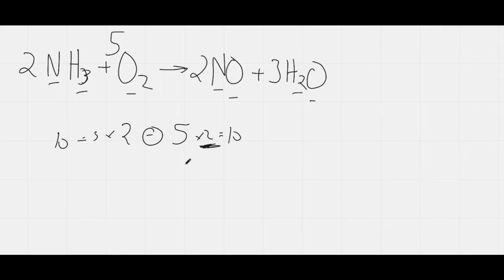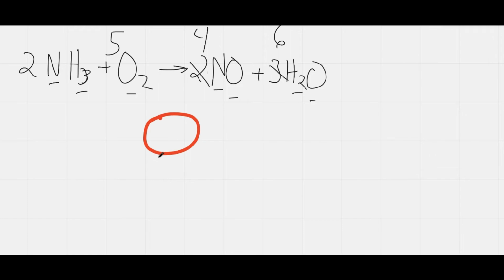So you double everything. This is going to be from 4. This becomes 6. Now, we need to make sure that we recount. So now let's look at our oxygens. I got 5 times 2. That's 10. And what about this one? 4, because we just doubled everything. So 4 plus 6, well, that's going to be 10.